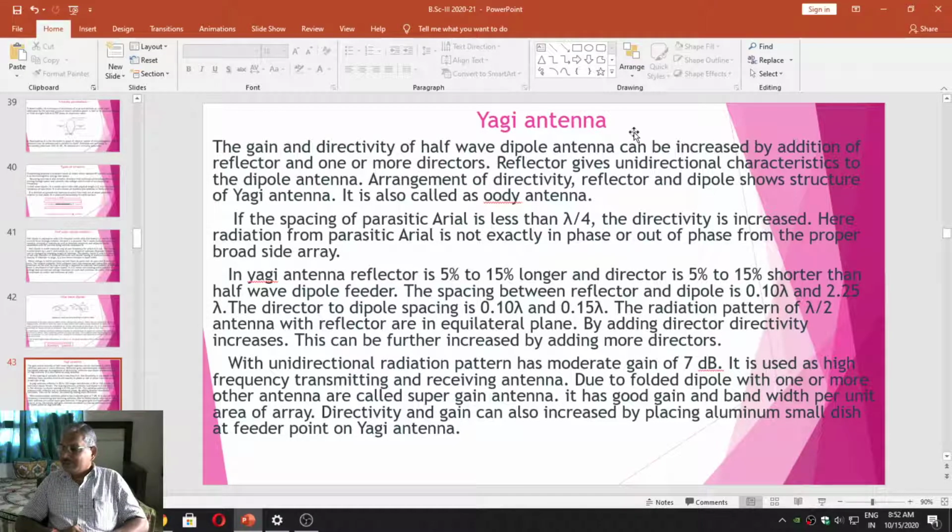If the gain still seems to be less, then connect one more such antenna in front of that antenna. Then that antenna we can call a super gain antenna.